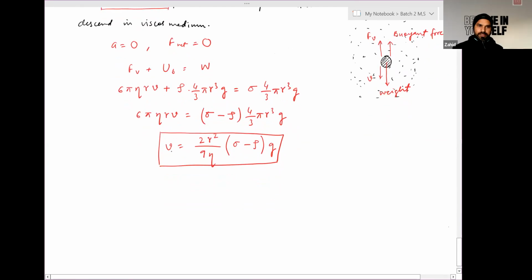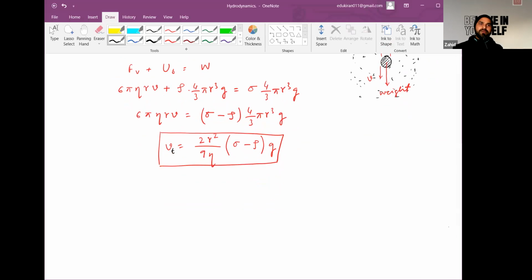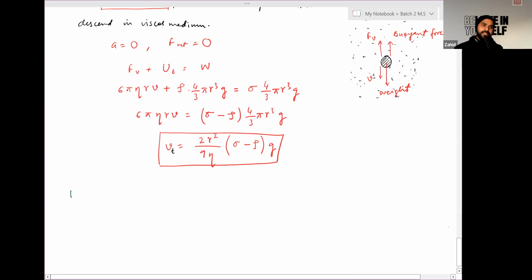Now, this particular velocity which I have derived is in terms of radius, eta and gravity. There will be another expression of terminal velocity in terms of mass as well. So we can write viscous force plus buoyant force equals weight. Viscous force is 6 pi eta r times velocity.